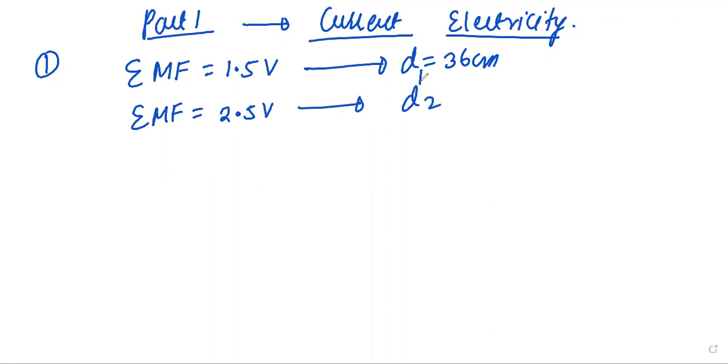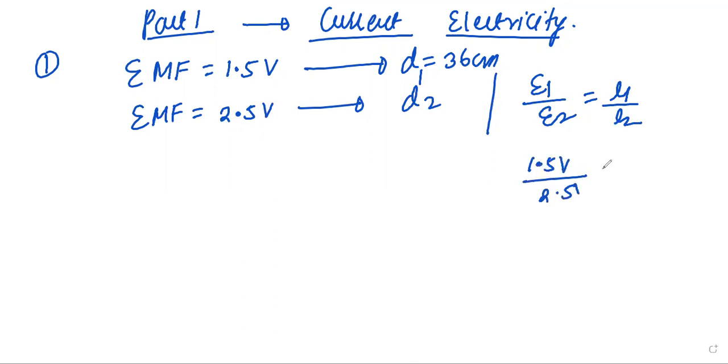So see how they are related. We will use the balance potential relation, which is given by E1 by E2 equal to L1 by L2. E1 we know is 1.5 volt, E2 is 2.5 volt, and L1 we know is 36. So you can easily find L2.